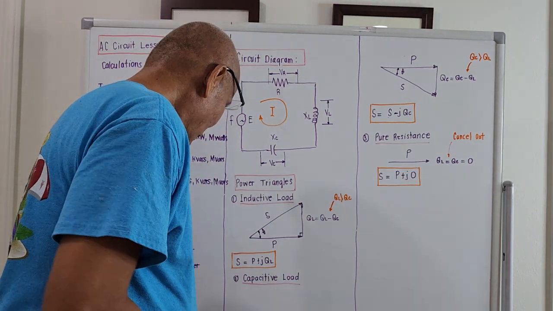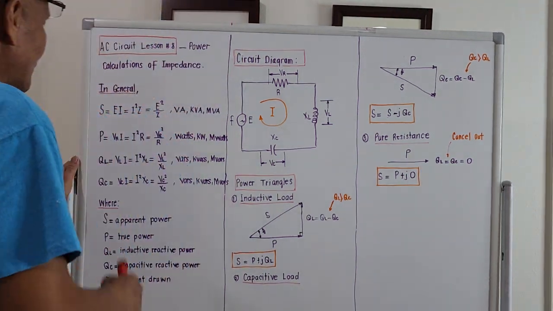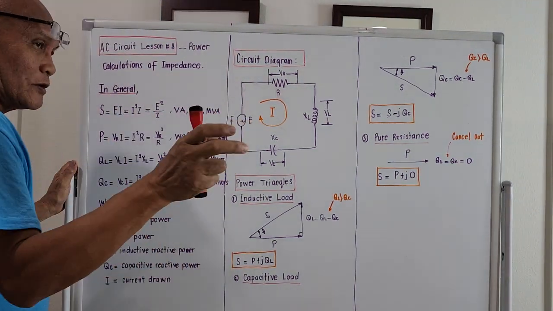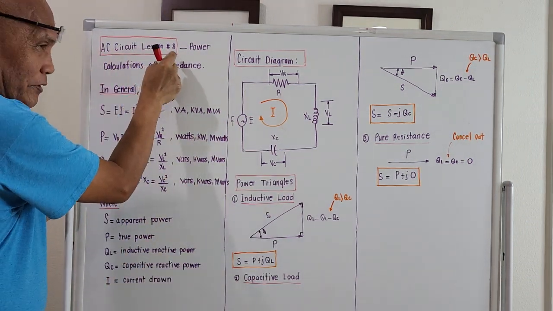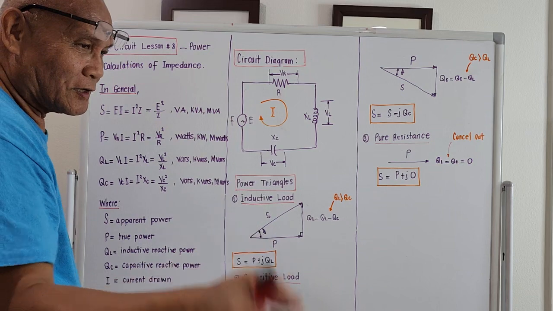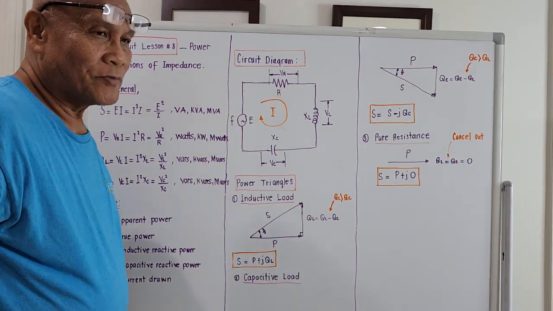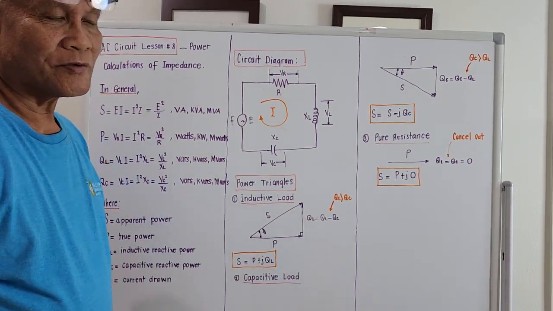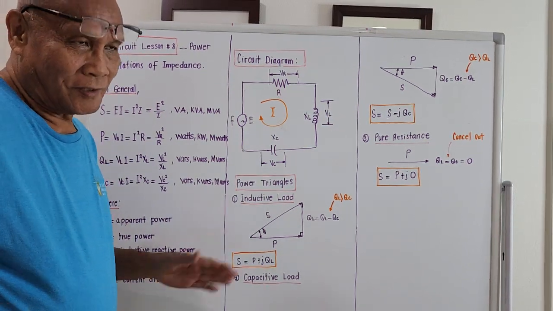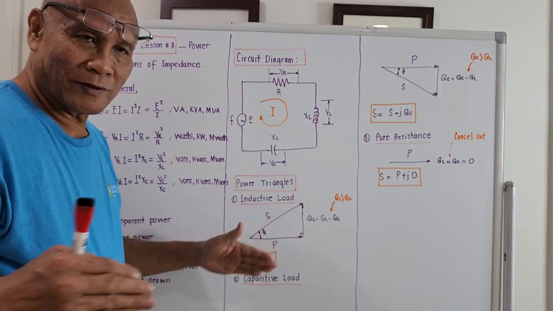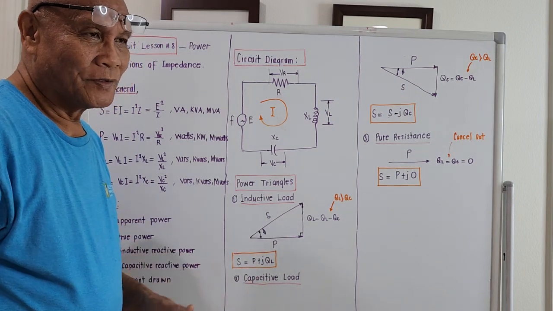The topic for tonight will be a long video format discussion, alternating current circuit, lesson number 8. The last time around, I discussed lesson number 7. Actually, lesson number 7 was voltage calculation in alternating current circuits with respect to the impedance load.